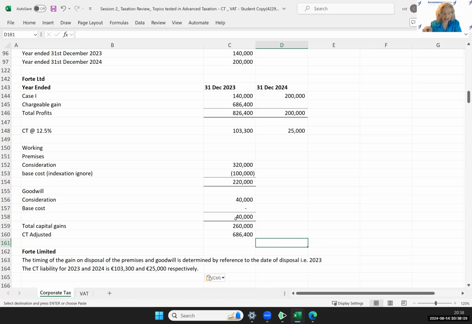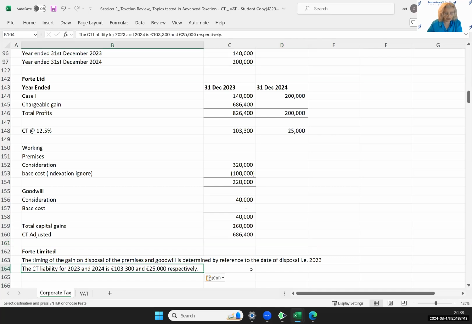And I said, that's a 2023 disposal based on the date the contract was signed. So I need to put that into the words in my memo to my manager. And then I'm simply using my words here to say the corporation tax liability are those figures. Have a look at my appendix. So that's the wording that would go into my memo.